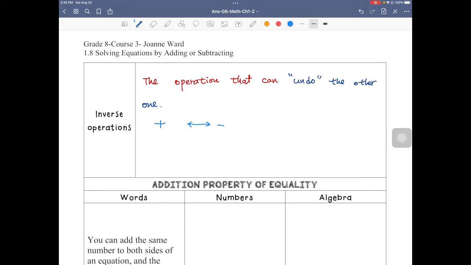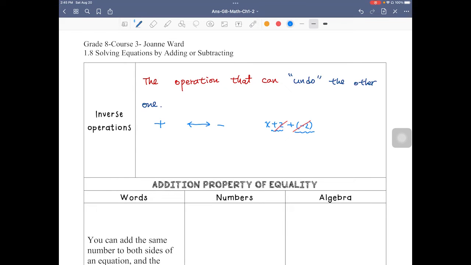For something like x plus 2, if I do minus 2, then the effect of plus 2 is canceled out. The inverse operation cancels out the effect of the original operation.